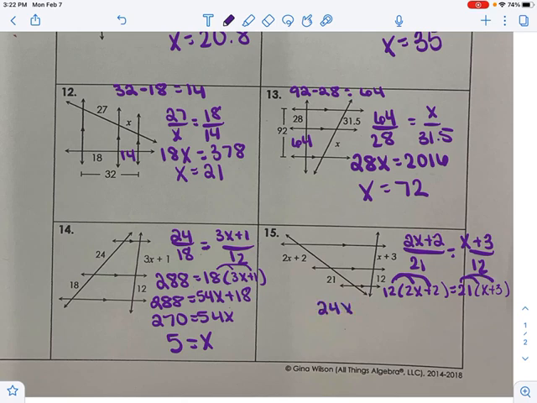So 24x plus 24 is equal to 21x plus 63. Okay, moving your smaller variable first. So you get 3x plus 24 is equal to 63. That means 3x is equal to 39. So x equals 13.